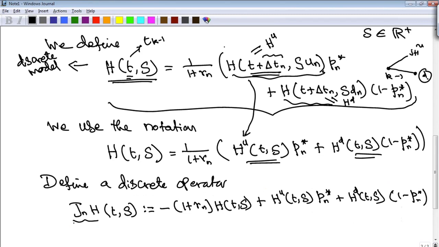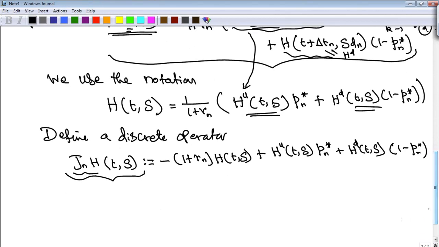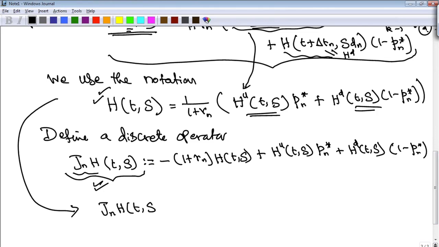So if I define a quantity like this, then what can I say about this quantity by comparing with the previous expression? Yeah, you can see that this now implies that this expression J_n h of t comma s is actually equal to 0, right? What I did, I just took this to this side and brought that entire thing to this side.